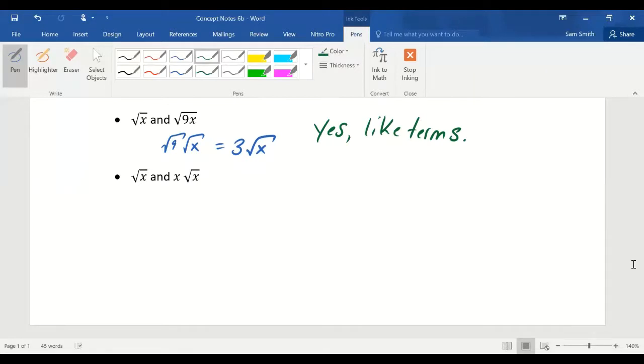One has nothing outside the root, and one of them has an x outside of the root. And so that's a difference of a variable. It's not just a difference of a number. And so these terms are not like. Quantities outside the root are not like terms. One has an x and one does not.